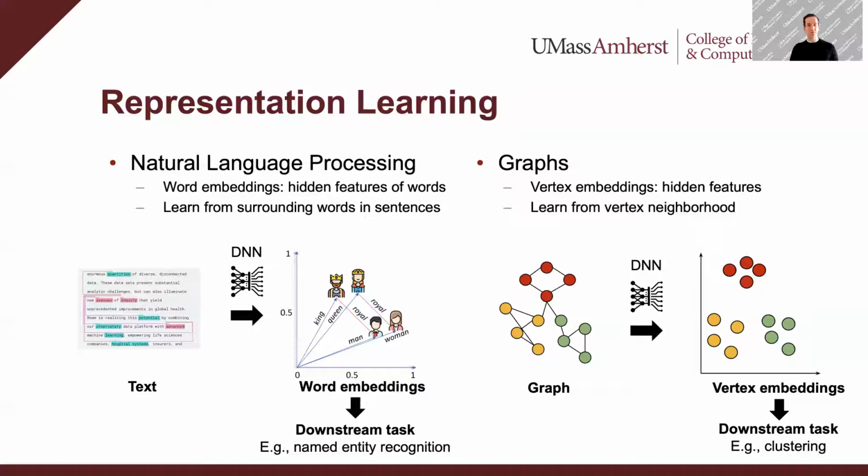In graph representation learning, you want to learn the properties of one vertex from its neighborhood. It could be a one-hop or two-hop neighborhood, from random walks, and in general from the graph. Then again, once you have these embeddings, you can use them for some downstream task.